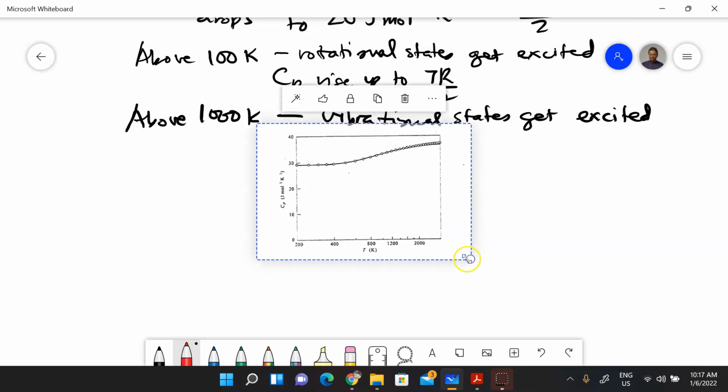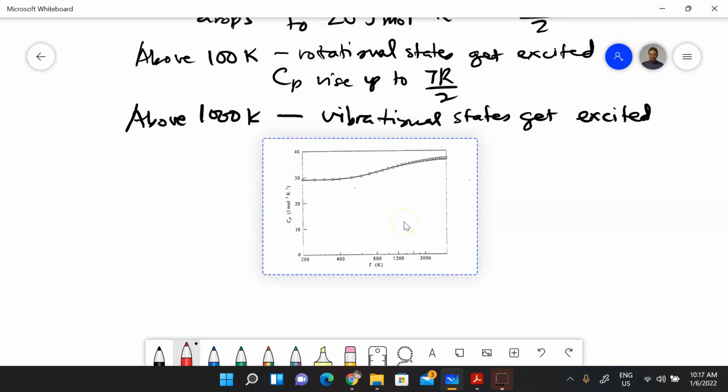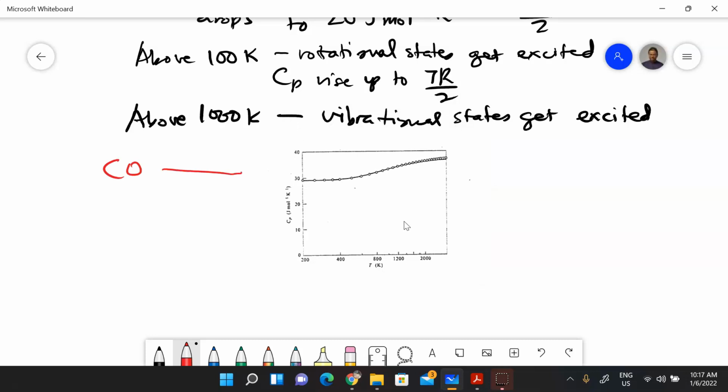So this is for carbon monoxide. Here the changes are less pronounced.